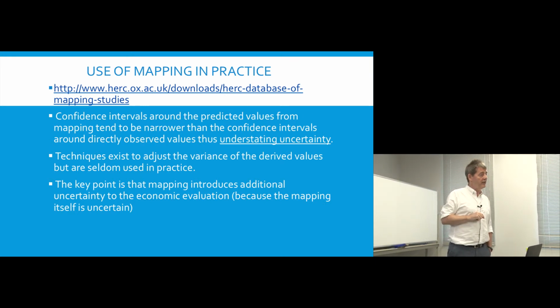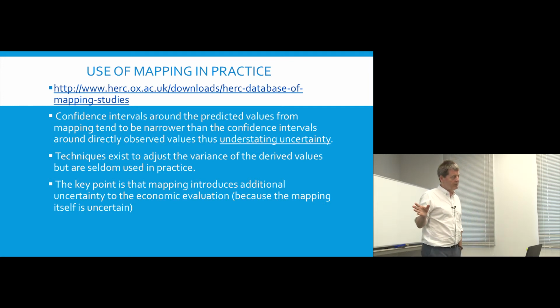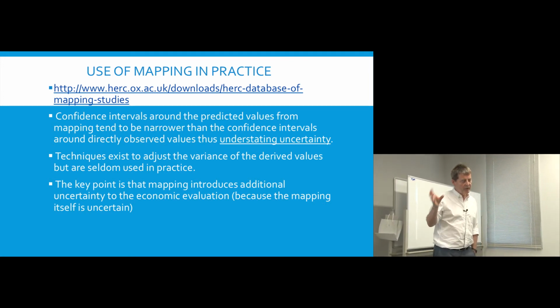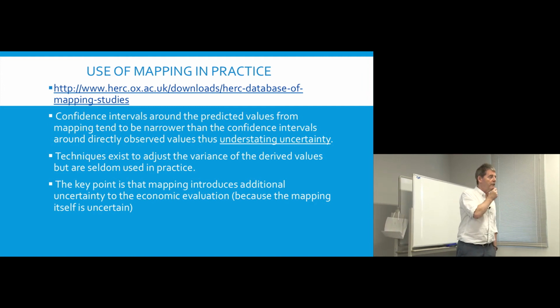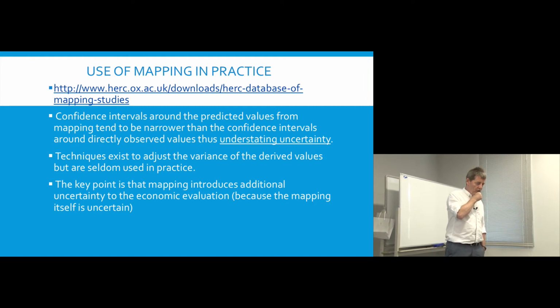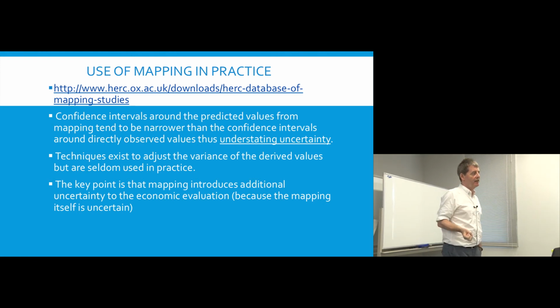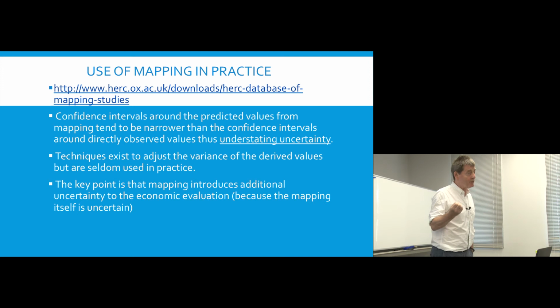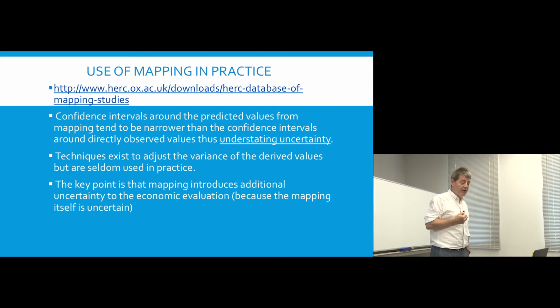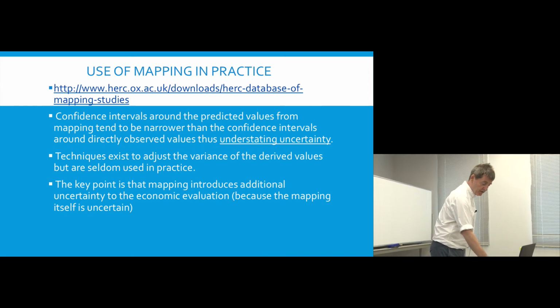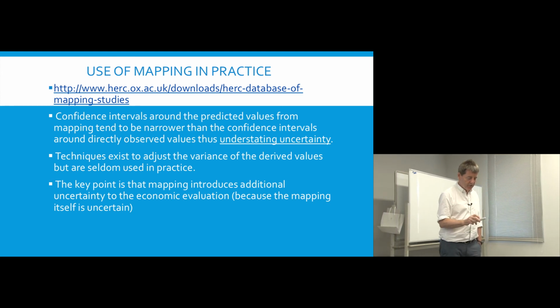There's uncertainty about the relationship you've estimated between the condition-specific data and the EQ5D. And so it's a second best. It's not really a desirable thing to do. But if you haven't got the alternative of the actual data, perhaps it's a useful option to map, albeit you're going to introduce additional uncertainty.